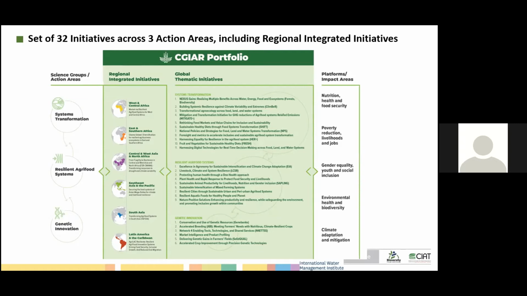So One Health approach is implemented on the farm, plant health, very relevant for the work on potato, but many other crops, sustainable animal productivity, livelihoods and nutrition and gender inclusion, sustainable intensification of mixed farming systems, resilient cities through sustainable urban and peri-urban agri-food systems, resilient aquatic foods and healthy people and planet, and finally the nature positive solutions enhancing productivity and resilience.